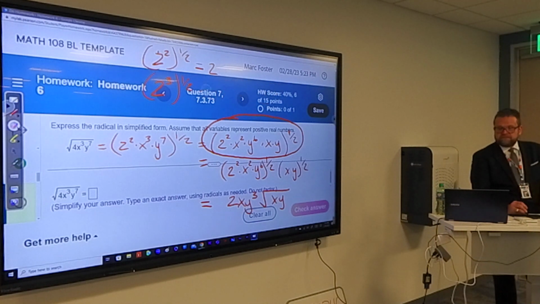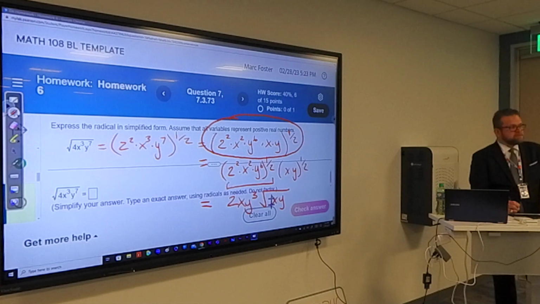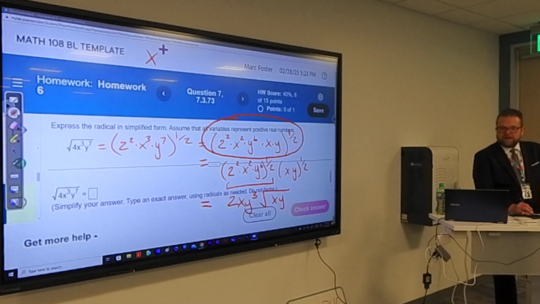Now, I've gathered together all the pairs, and they are right here. And just like if I had x cubed times y squared times z to the 4th, and I wanted to raise that to the 2nd power, it would be x to the 3 times 2 times y to the 2 times 2, and then z to the 4 times 2.